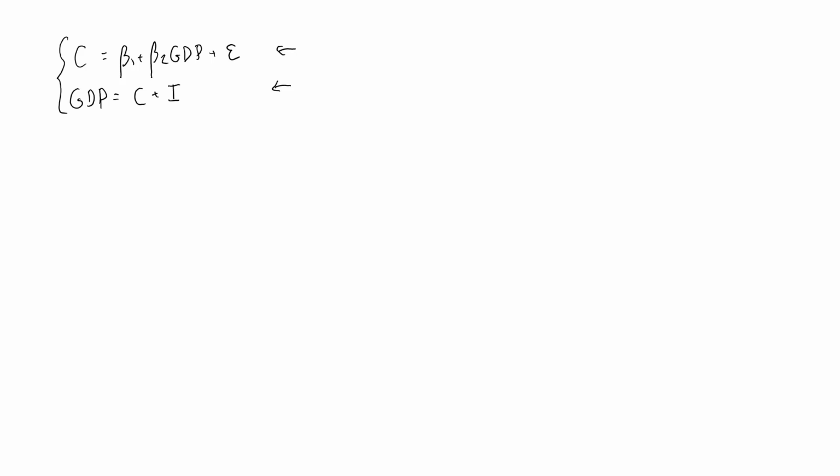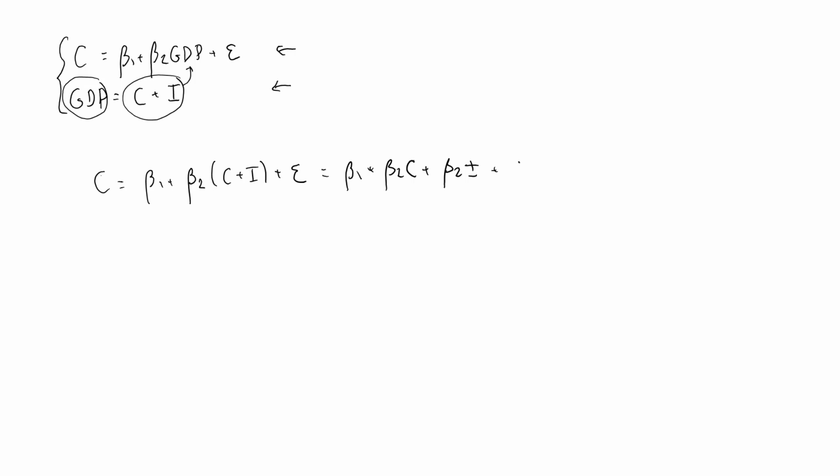So let's derive the reduced form equations, and we can do that by just taking this one and plugging that in here. So we have C equal to beta 1 plus beta 2 times C plus I, plus epsilon. I have skipped the subscript i for convenience. It doesn't matter because each equation is valid for each observation anyway. If I open the parenthesis, it is beta 2C plus beta 2I plus epsilon.